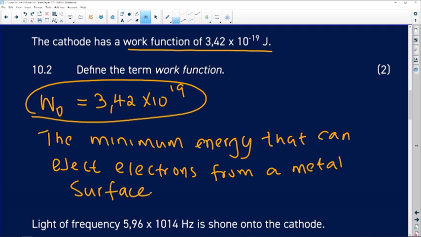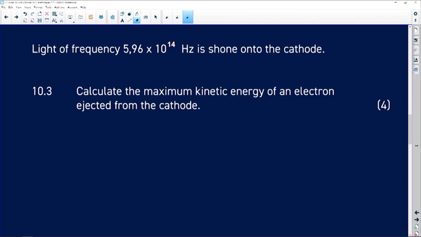Okay, so what we have there, the minimum energy required, or the minimum energy that can eject electrons from a metal surface. Now in 10.3 we are given a light of frequency 5,96 times 10 to the power 14 hertz, which is shone into the cathode. Now what are we asked to do here? We must calculate the maximum kinetic energy of an electron ejected from the cathode here.